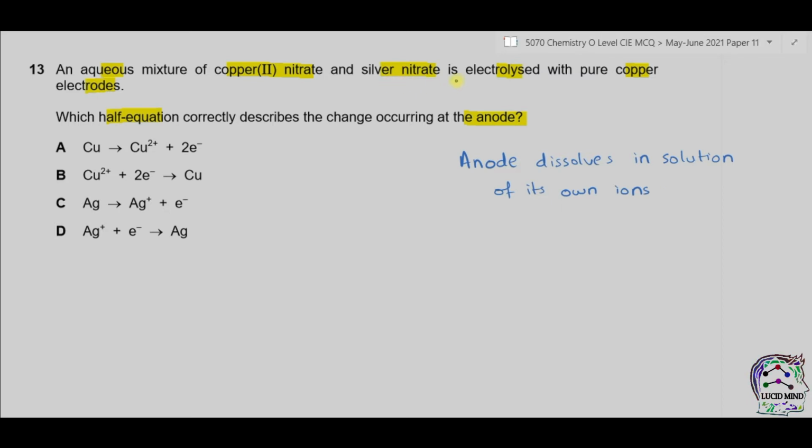Similar thing has happened in this experiment. We have copper electrodes. Anode is of copper, cathode is also of copper, and the solution is also of copper ions. We have copper nitrate, which is aqueous.